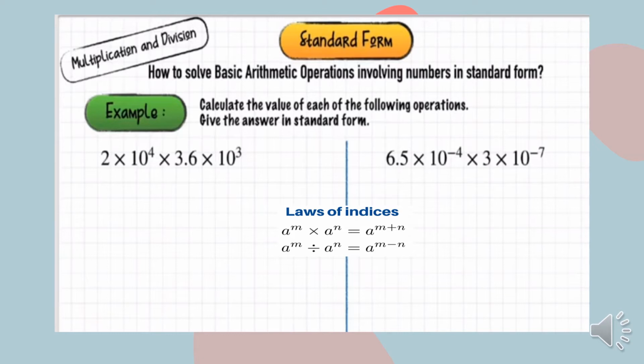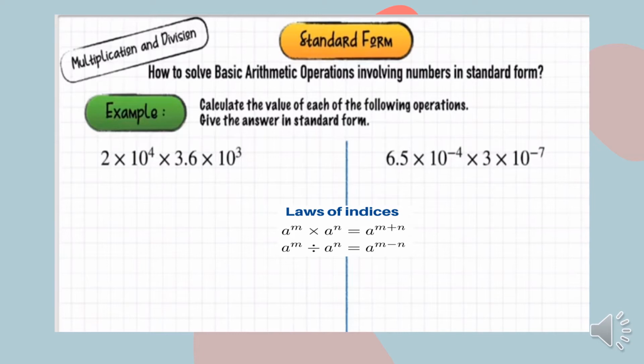This is the basic one to be applied in this chapter. We know that a to the power of m times a to the power of n equals a to the power of m plus n. And if it is a division, a to the power of m divided by a to the power of n, then there will be a to the power of m minus n. Which means in this part, we can do it immediately, like normal.